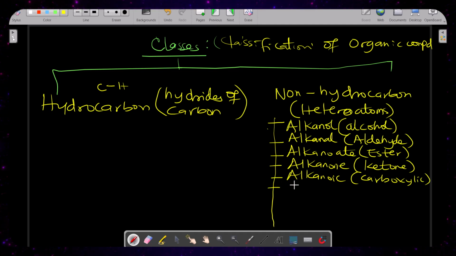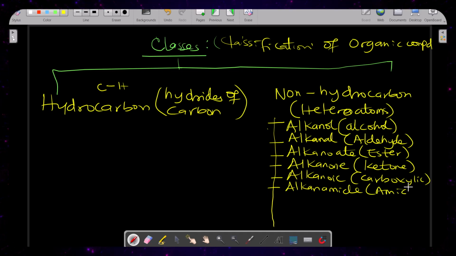Then we also have the amides, which I'll call alkanamides. Sorry, let me put this properly. This is what I am referring to as the amides.